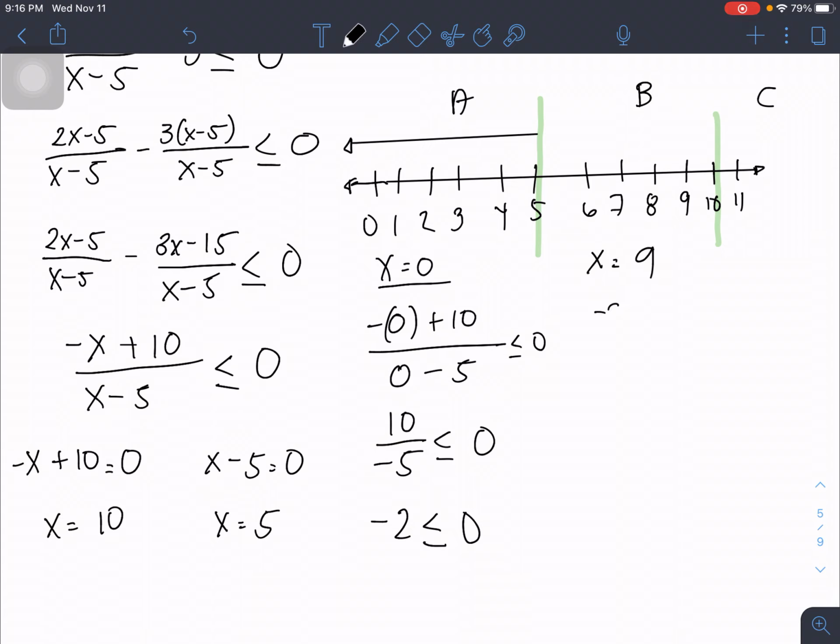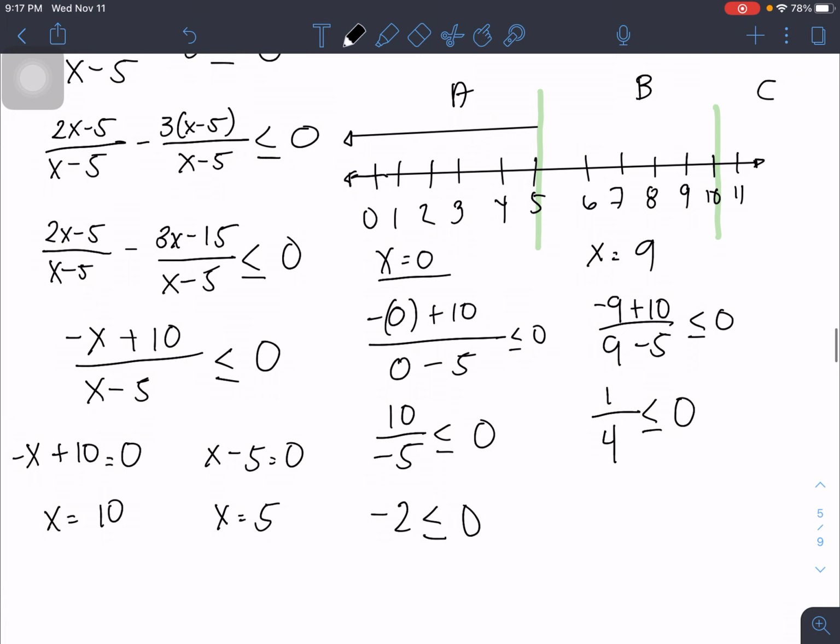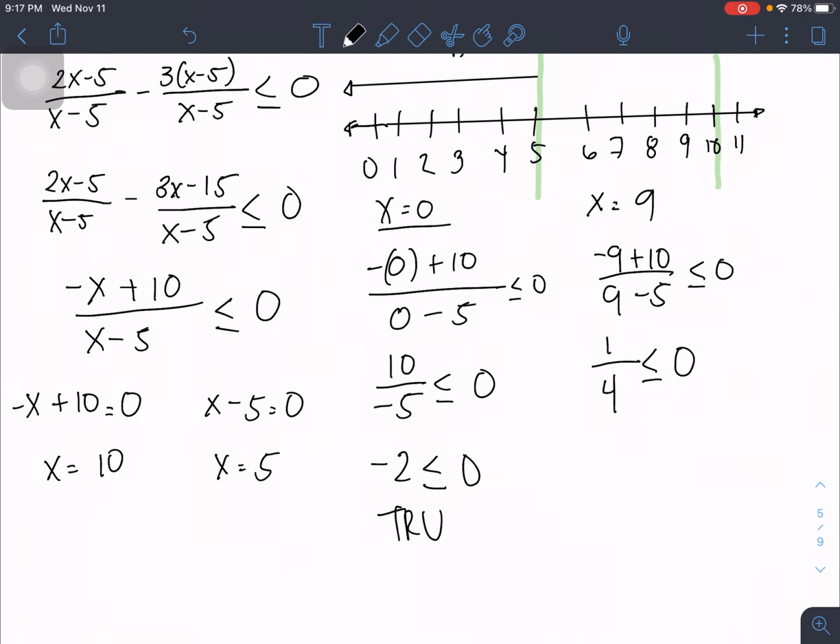So this will be (-9 + 10)/(-9 - 5). So -9 + 10 is 1, and -9 - 5 is -4. Less than or equal to 0. And this is not true. So 1/4 is actually greater than 0. So this should be false.